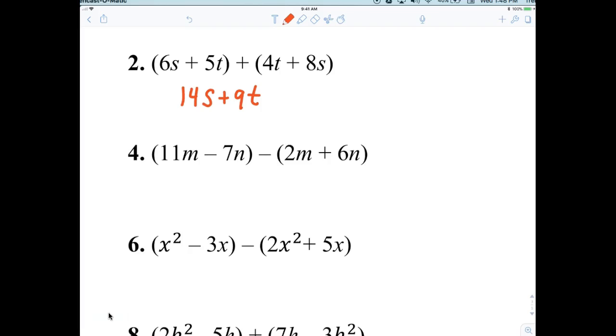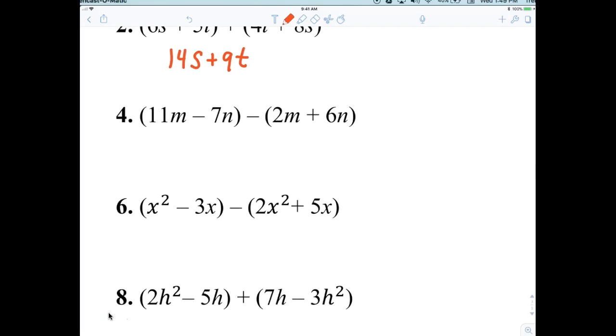Now we're going to distribute, so we would say 11m minus 7n minus 2m minus 6n. Distributing negative means change the signs. So the answer is 9m minus 13n.